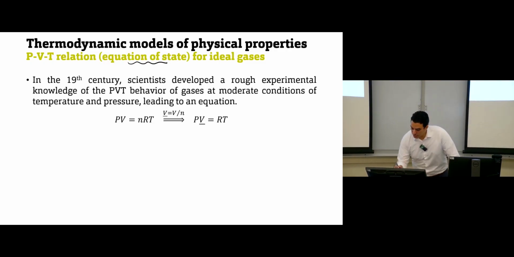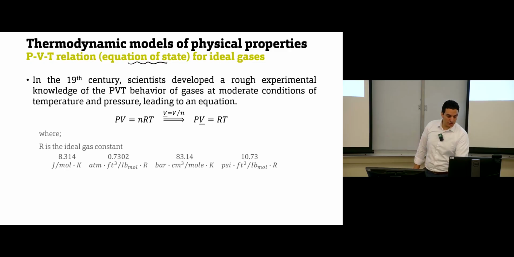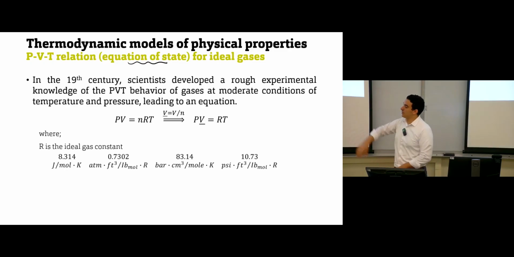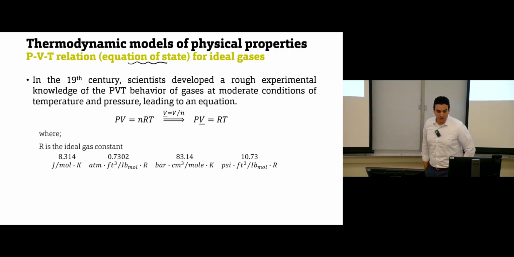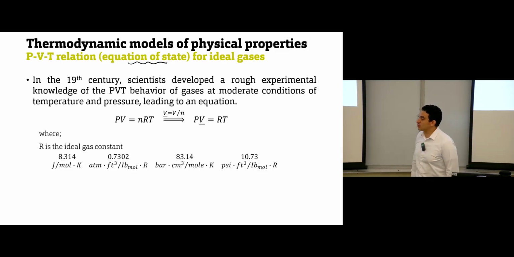If we divide both sides by n, the number of moles, we have P times molar volume equals RT. R is the ideal gas constant, and we have a list of the values of R here. Make sure that you use the value of R that's consistent with your problem.